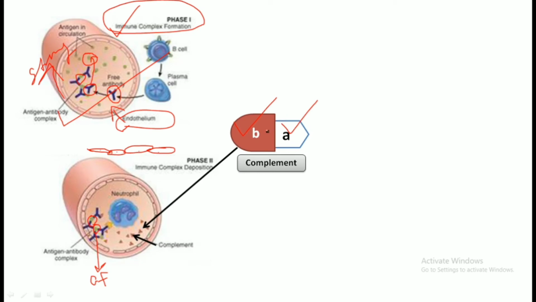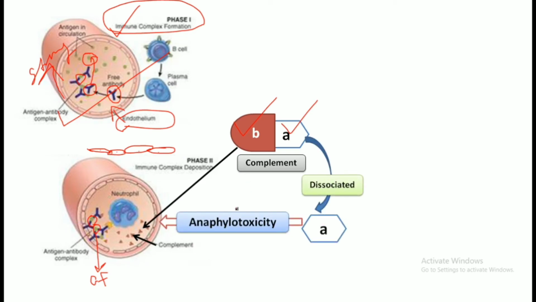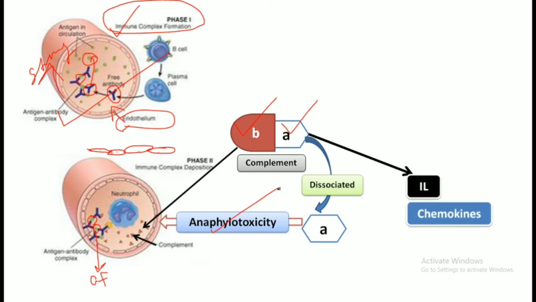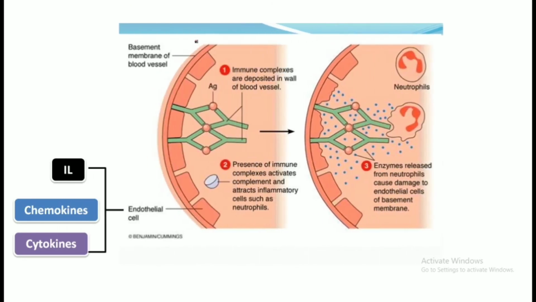The large subunits get attached to the antibody, whereas the small subunit becomes free and shows anaphylactic behavior towards the vessels, or anaphylatoxicity. They also bring different chemical mediators like the chemokines, interleukins, and other chemical factors like the cytokines as well. Those mediators in turn go and harm the endothelial lining of those blood vessels.